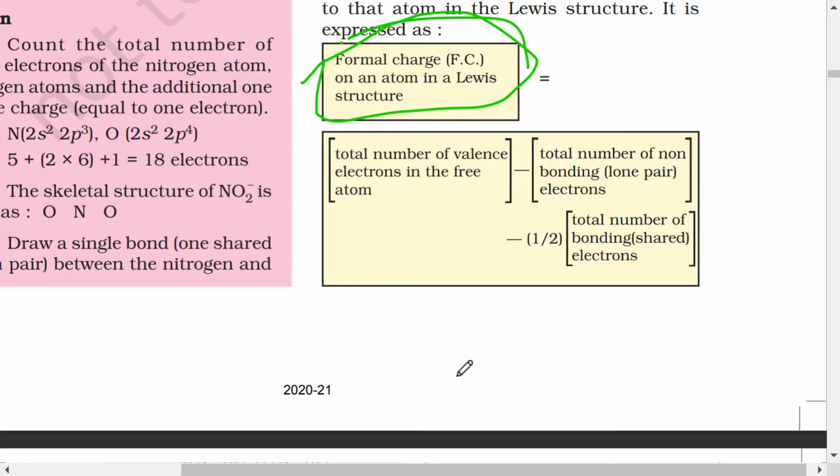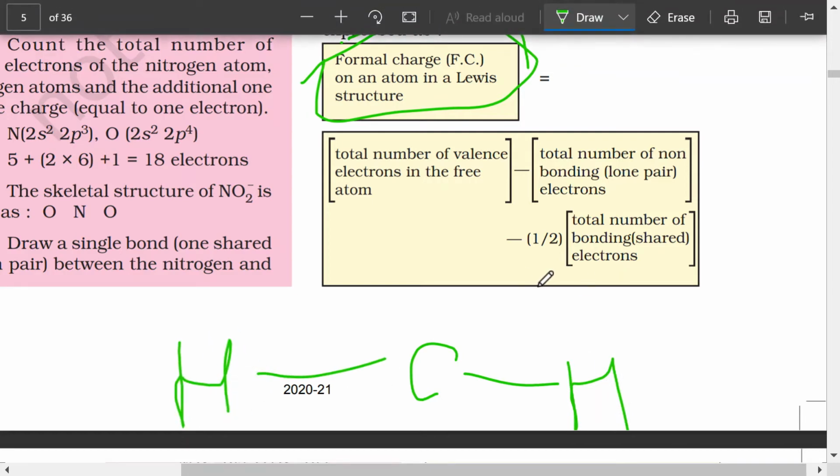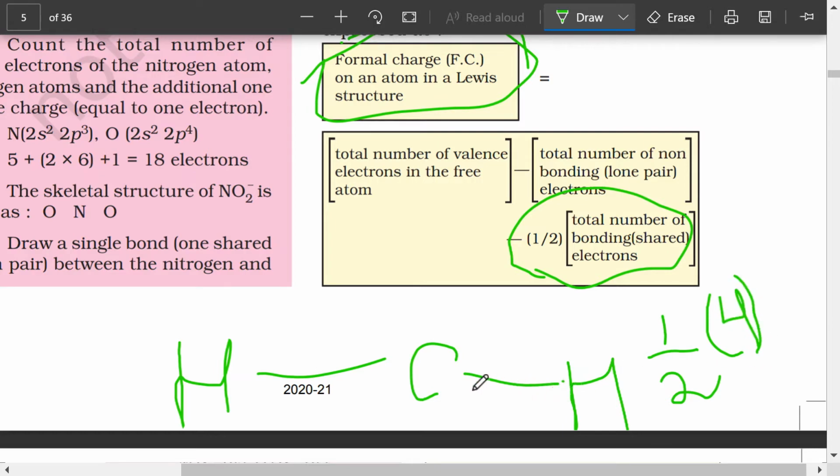Like if I give you an example, CH4. This part can be calculated as half, divided by 4, because one electron here, one electron here, one electron here, one electron here.